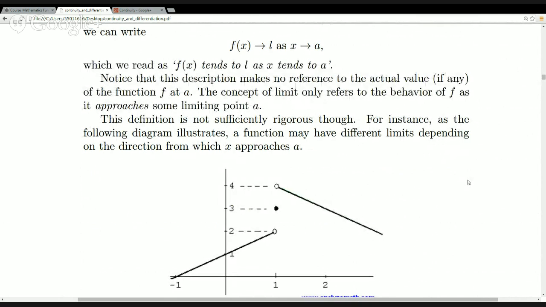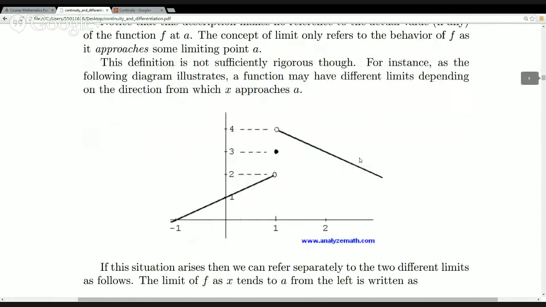But now we need to enhance this notation and enhance the way we talk about limits a bit, because it's not sophisticated enough, or it's not detailed enough yet to handle situations like this. So here's a kind of a funny function.